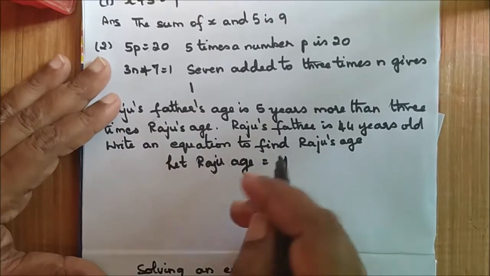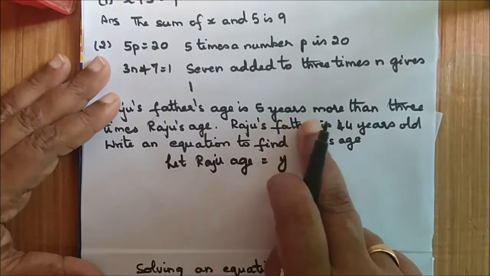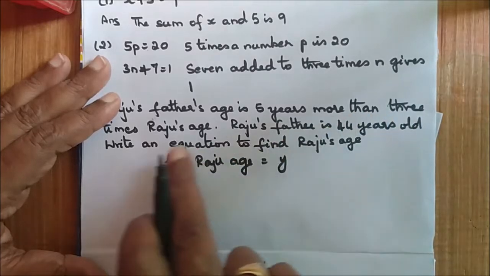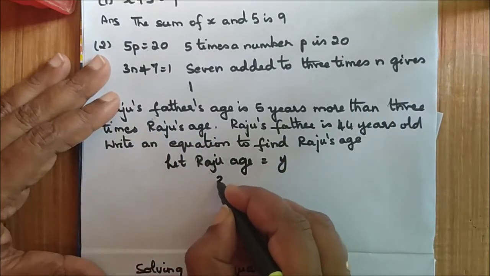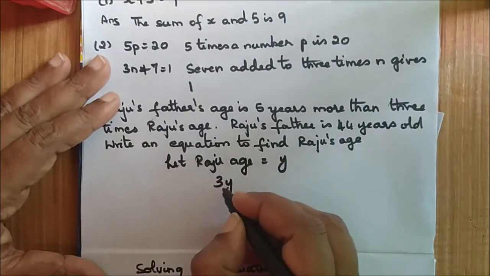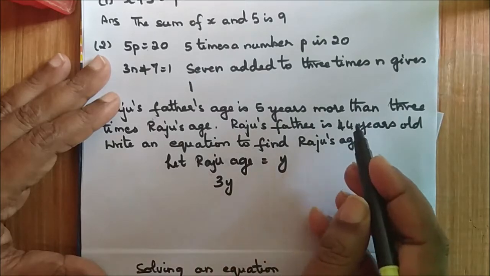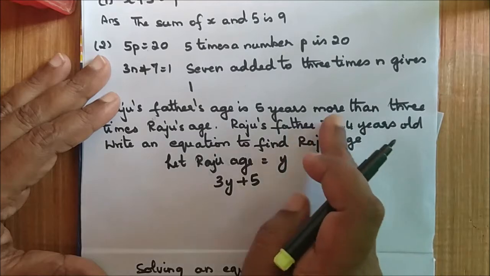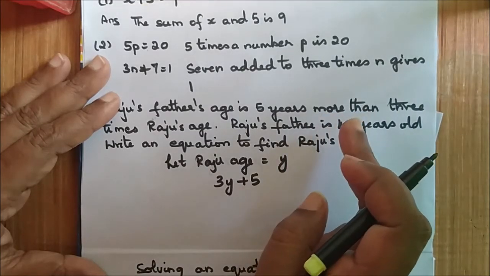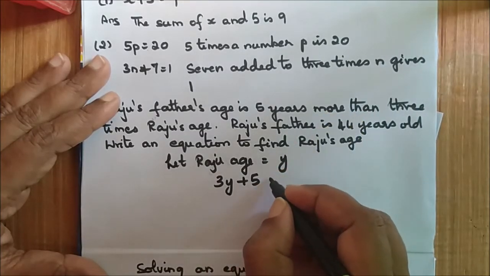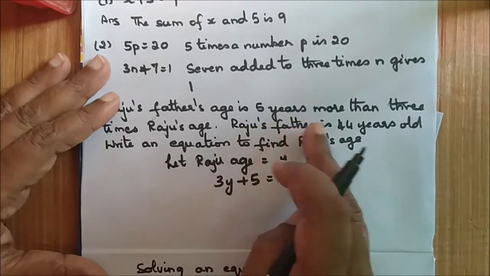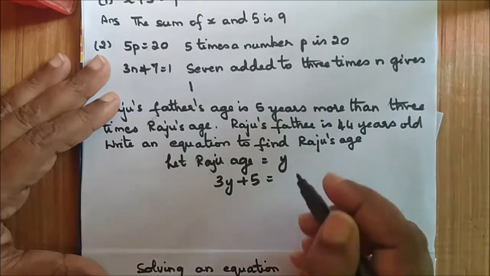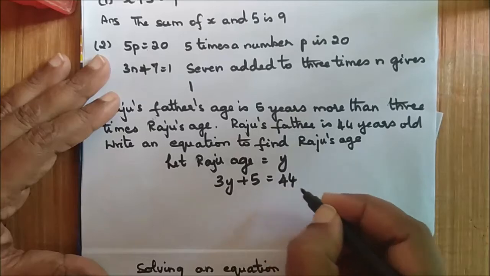It is said that Raju's father's age is 5 years more than 3 times Raju's age. So I'll write 3y, 3 times means 3y, plus 5 years more than. So plus 5. When I use the words more than, it means you have to add. 3y + 5 is equal to Raju's father is 44 years old, equals 44.